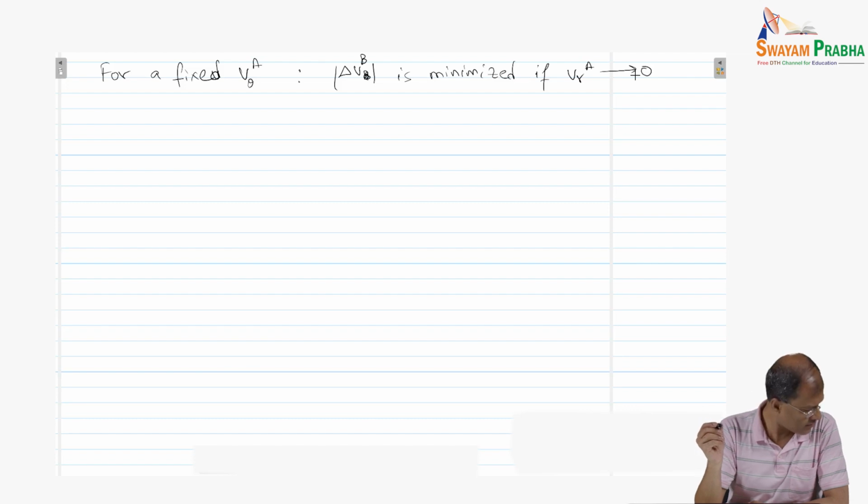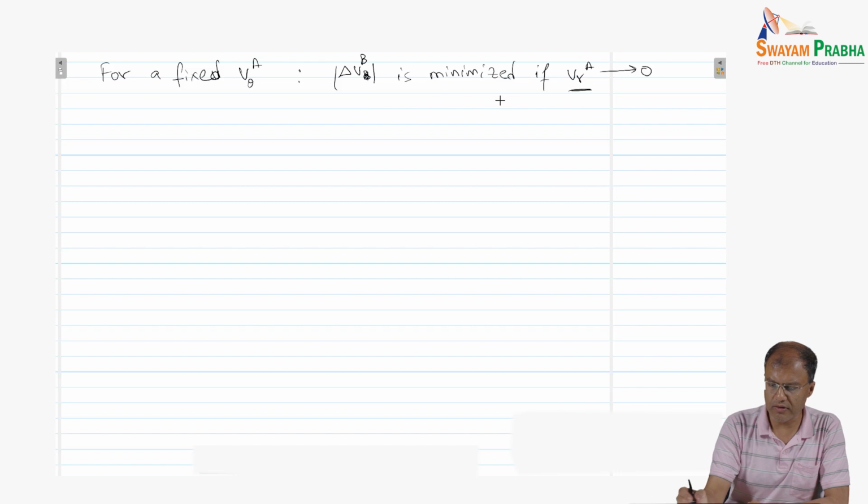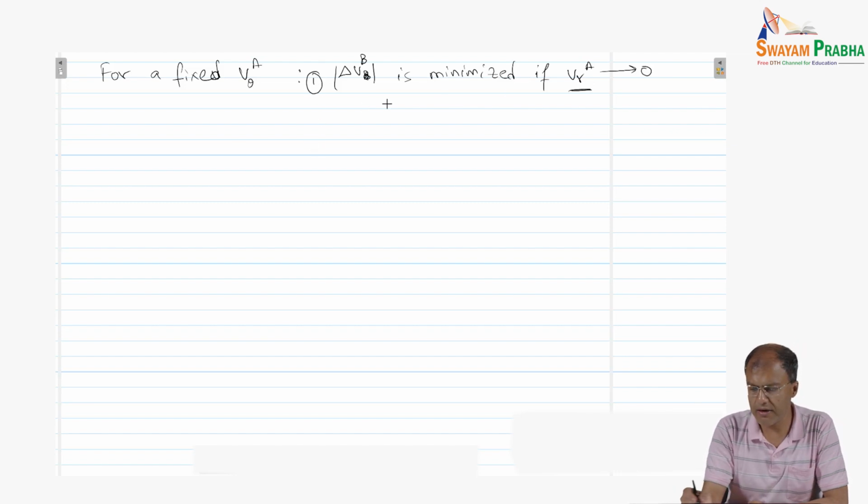So that is one way to reduce. So this is one requirement that we can impose, VRA goes to 0.